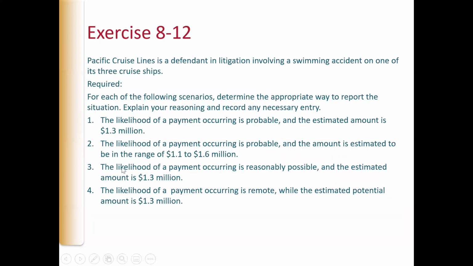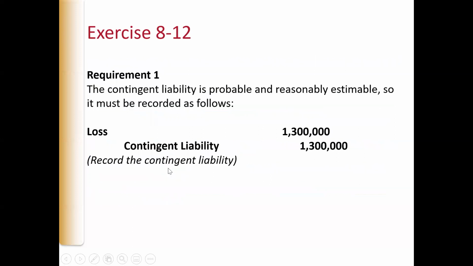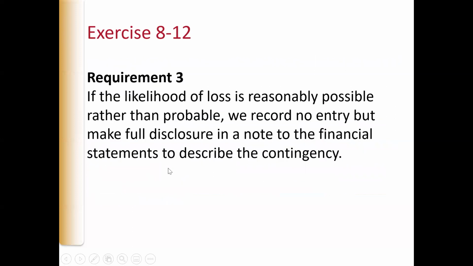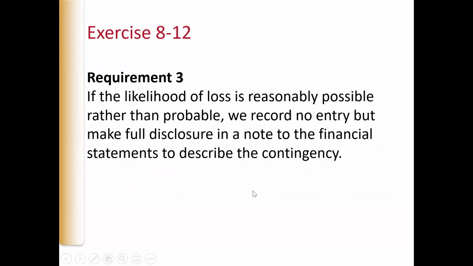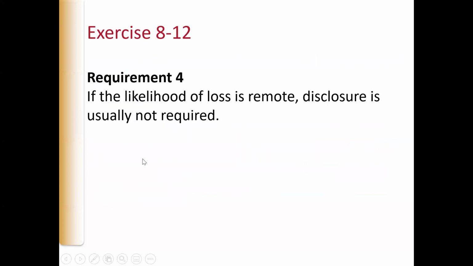Then we had one that said the likelihood of payment occurring is reasonably possible, and the estimated amount is 1.3 million. We're not going to record that. We're just going to put a disclosure or a note in the financial statements regarding it. And then the last one said the likelihood of a payment occurring is remote. Well, there's nothing we do there. We don't do a thing if it's remote. Disclosures are not required.